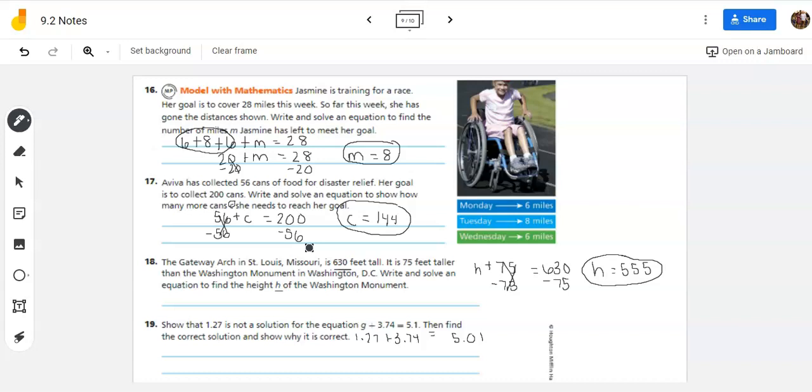But now I really have to solve it. So I have g plus 3.74 equals 5.1. I'm going to subtract 3.74 on each side. When I do that, 5.1 minus 3.74, g equals 1.36. So the correct answer is 1.36.